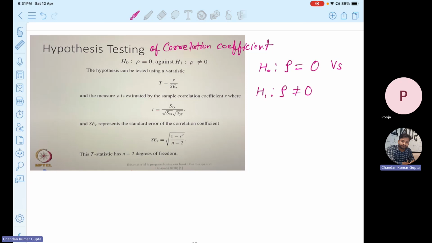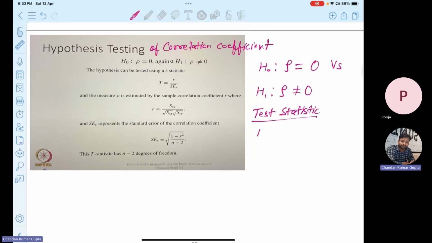Here we need the test statistic. First we construct the hypothesis, and then on the basis of the given data and for testing purposes, we define the test statistic. The test statistic here is T, the correlation coefficient divided by the standard error of the correlation coefficient. We use R, the sample correlation coefficient, not rho, which is the population correlation coefficient.